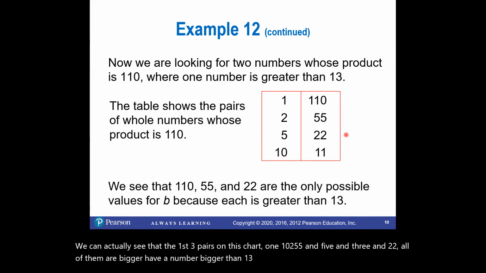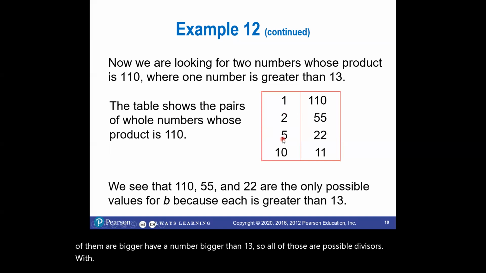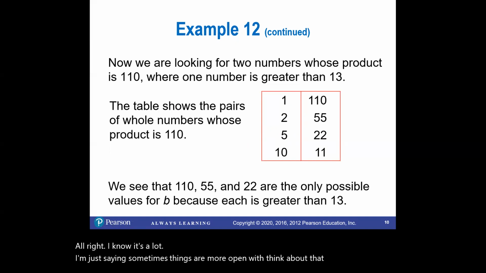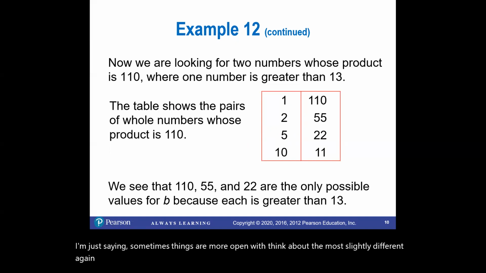So all of those are possible divisors, with 1, 2, and 5 being the quotients corresponding to them. All right, I know it's a lot. I'm just saying sometimes things are more open. Again, don't be fixated by just one strategy.